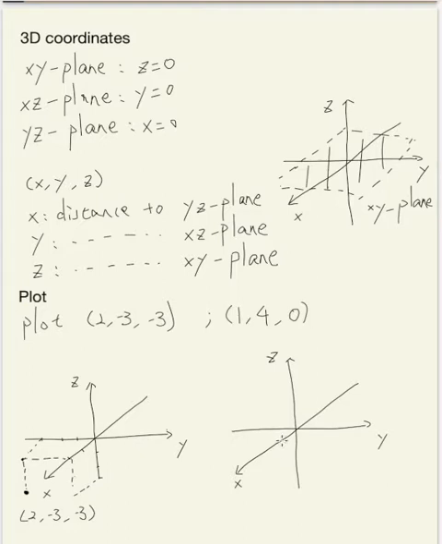So on x, the value is 1, and on y it's 4. So we draw 4 on the y-axis and draw a parallelogram. Not the best graph I've made, but you get the idea. And this is (1, 4, 0). Okay, so this is the plot. This is how you plot 3D points. Let's move on.